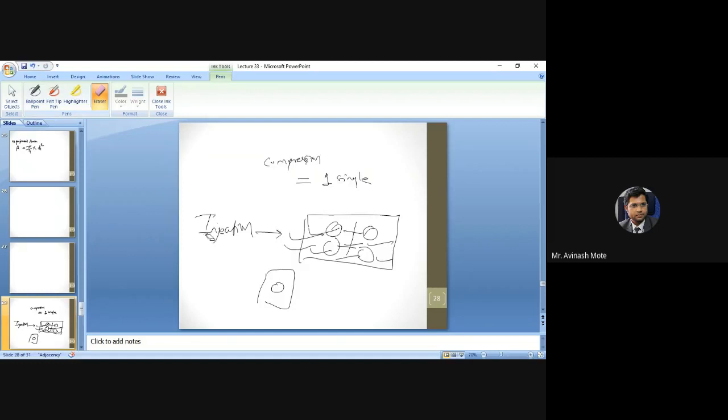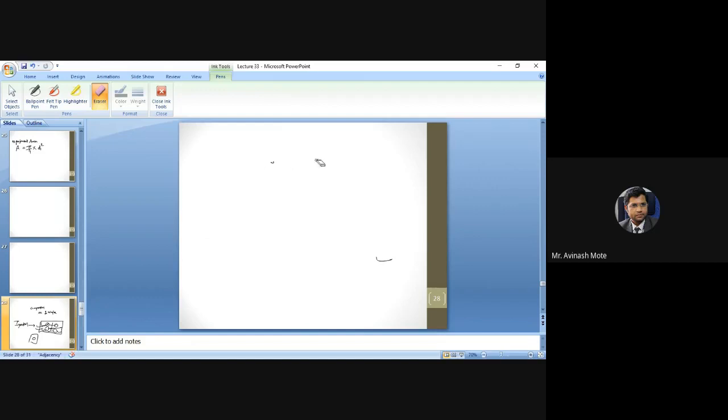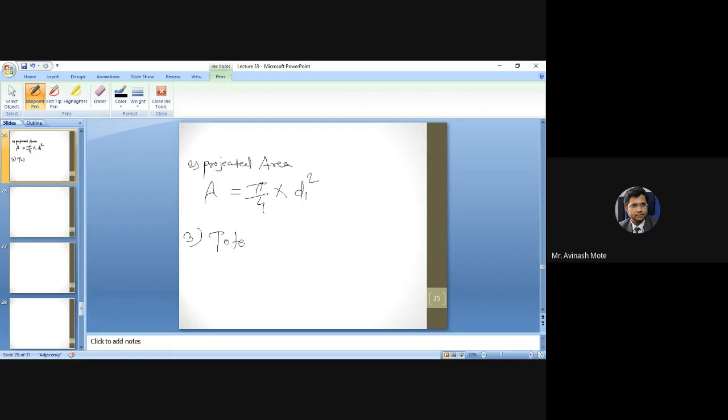I told you about the projected area for single cavity, but now we have to go for the projected area for multi cavity. That will be called the total projected area.